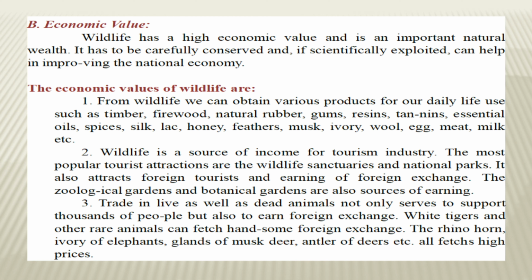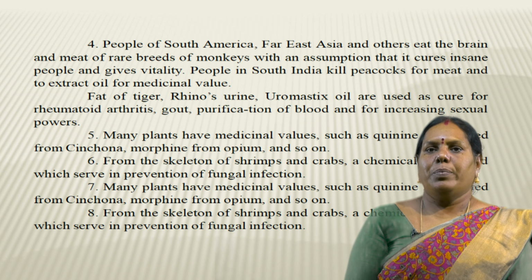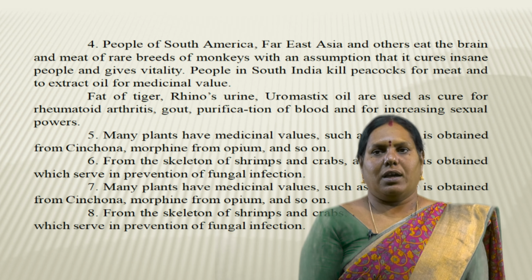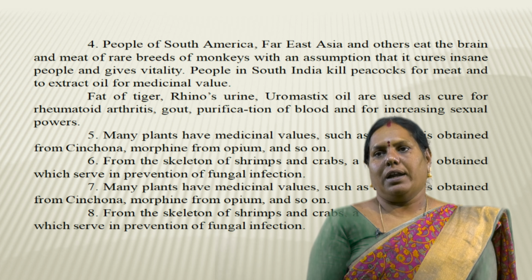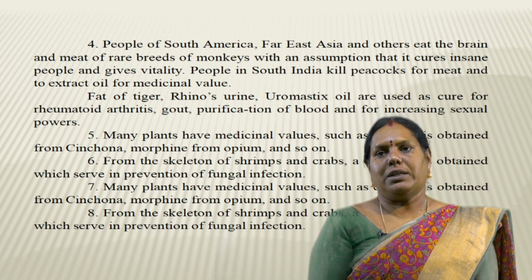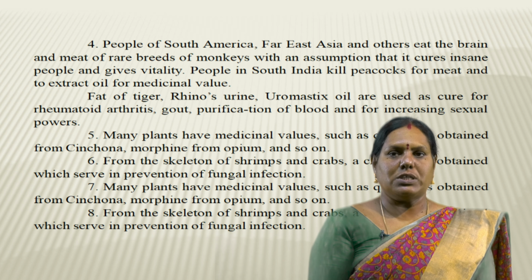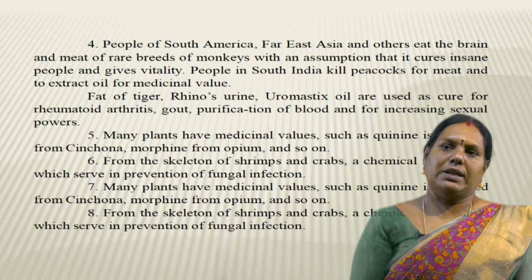White tigers and other rare animals can fetch handsome foreign exchange. The rhino horn, ivory of elephants, glands of musk deer, antlers of deer, etc. also fetch high prices. Then people of South America, East Asia and others eat the brain and meat of rare breeds of monkeys with an assumption that it cures insane people and gives vitality.